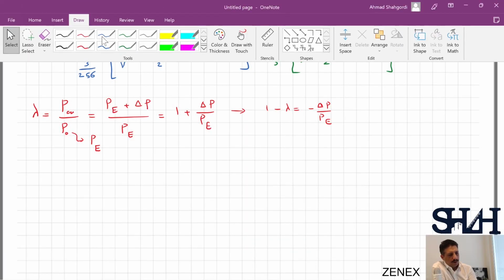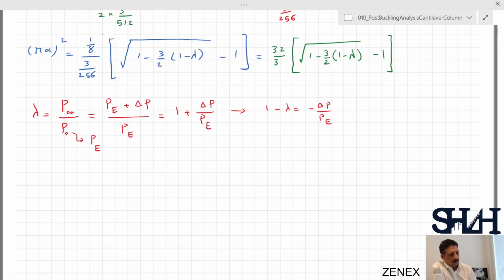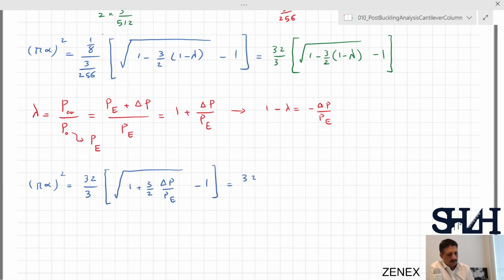So now I can substitute 1 minus lambda into the pi alpha powered by 2 equation. So it will be 32 divided by 3 square root of 1 plus 3 over 2 delta P over PE, minus 1.